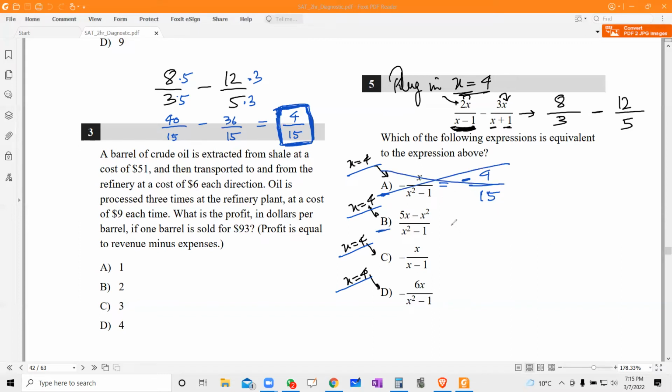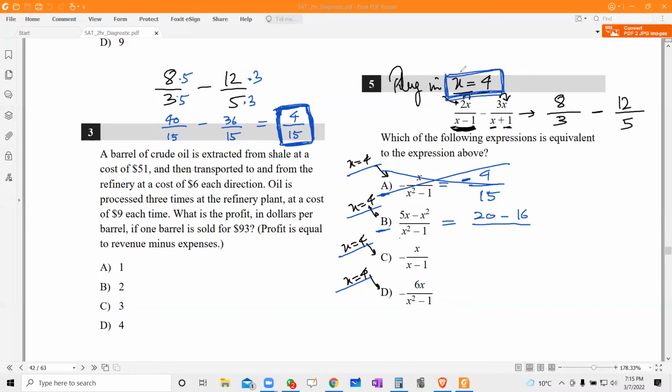Can you try option B? 5 times 4 is 20, minus 4 squared, which is 16, divided by 4 squared again, because wherever there is x, plug in 4 only.